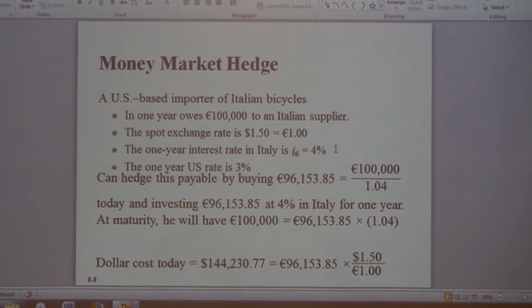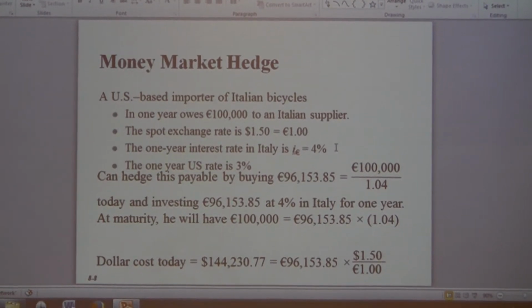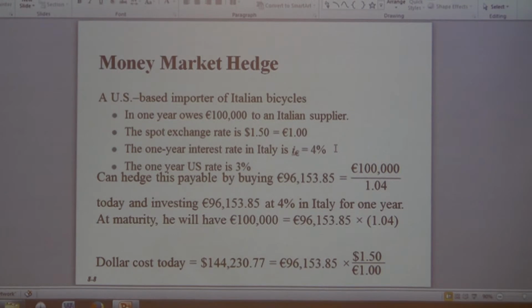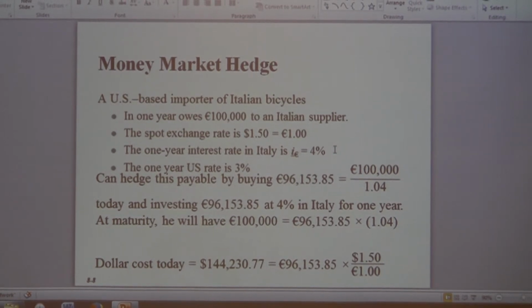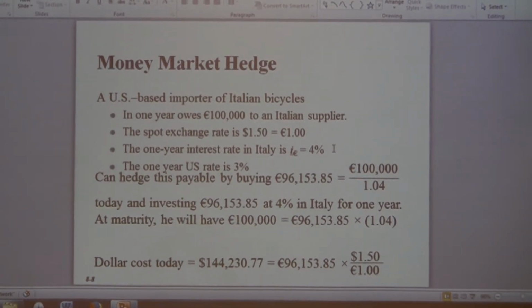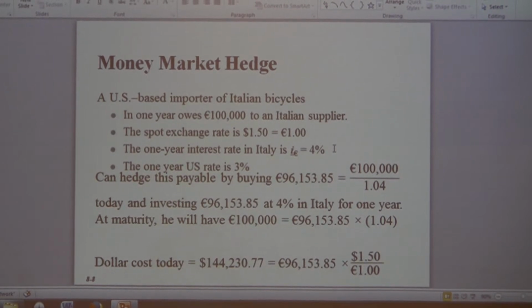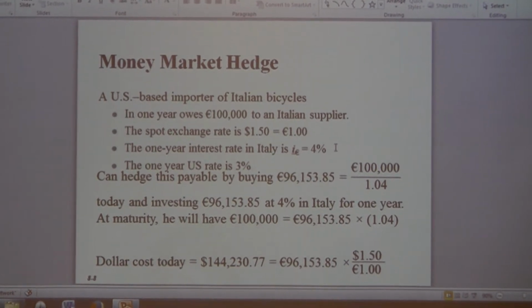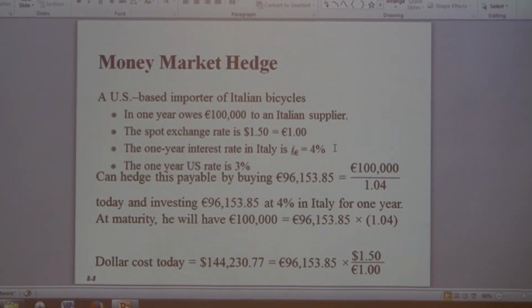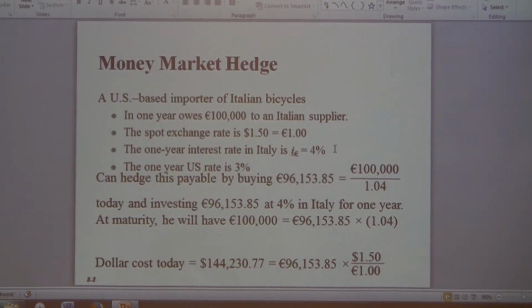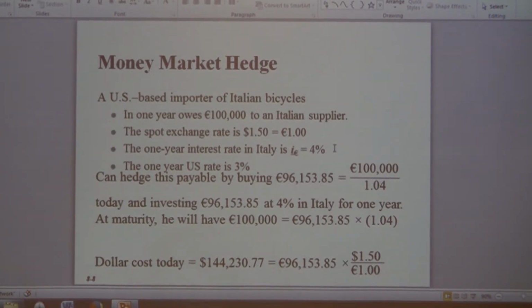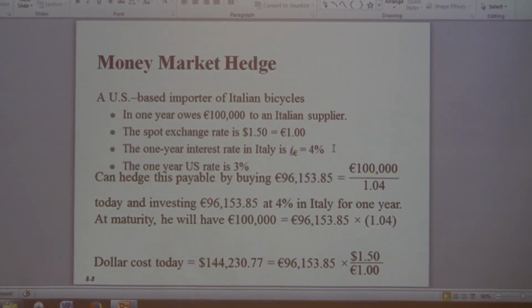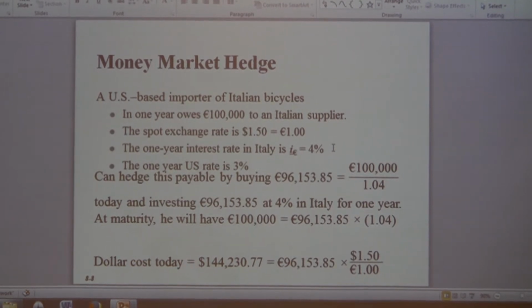We want to figure out the present value. Step 2, find cost in US dollars. So for us, that was $96,153.85.